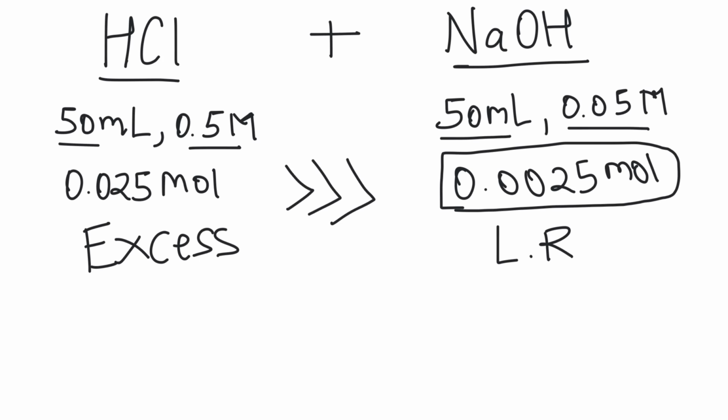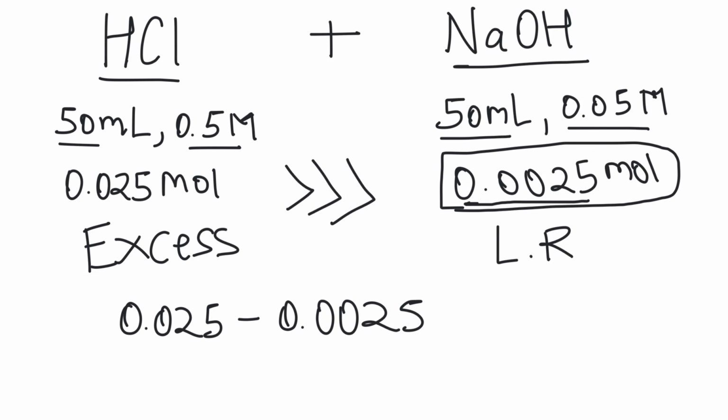If you have 0.0025 moles of sodium hydroxide, then obviously you're going to get the same amount for hydrochloric acid, and so all you need to do is subtract. So 0.025 minus 0.0025.